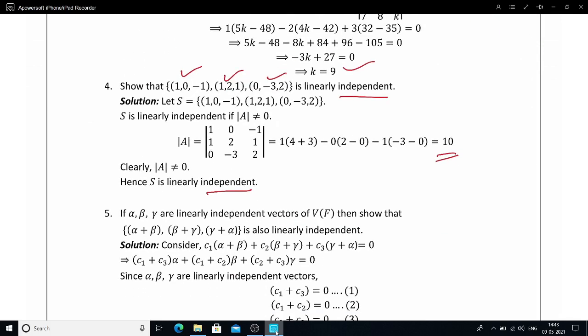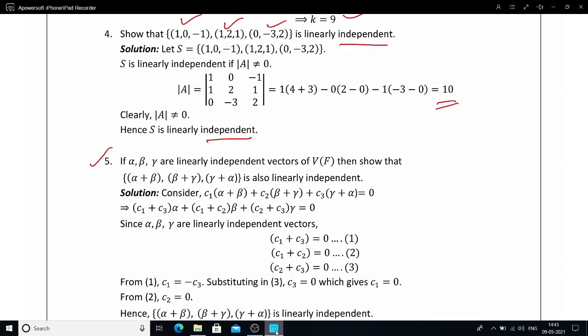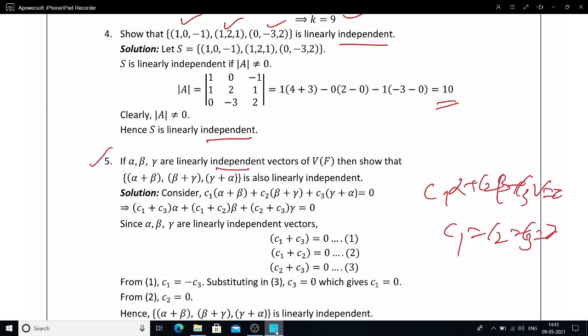Very interesting example. If alpha, beta, gamma are linearly independent vectors of a vector space over a field F, that means C1 alpha plus C2 beta plus C3 gamma equals 0 only when C1, C2, C3 equal 0, because the vectors are linearly independent.